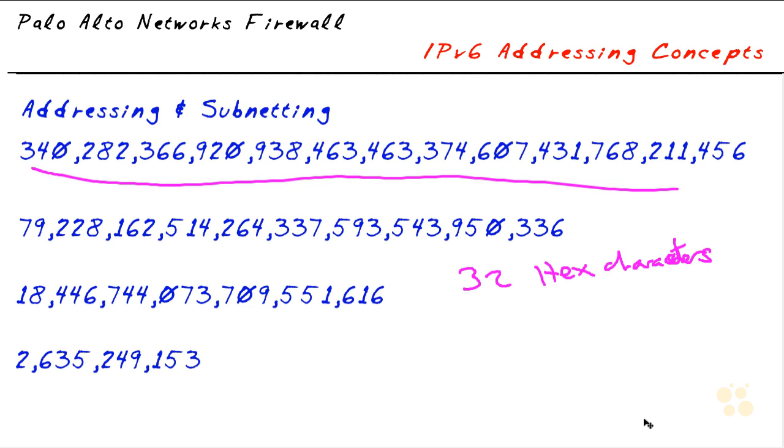Okay, so our 32 hex characters that you'll have, because of course we can spell things now, which is pretty cool, are going to be broken up into 8 chunks. Now we'll have a number and then a colon, then 4 more, colon. So you kind of get the idea for how this is all going to lay out.